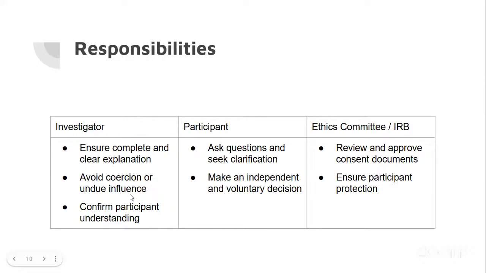So we have to make sure that the participant is not overwhelmed and is not being forced into participating, and that if he or she participates, it's only voluntarily, and confirm the participant's understanding.